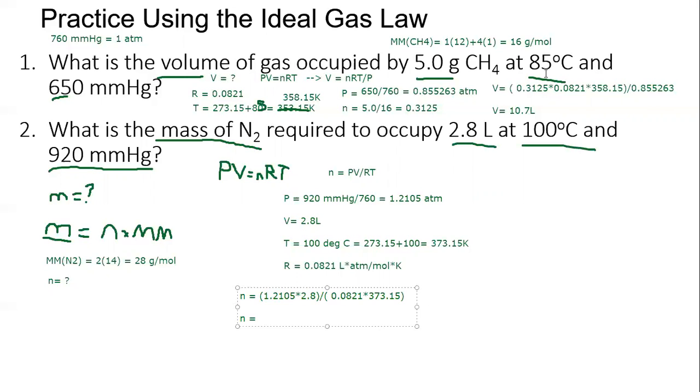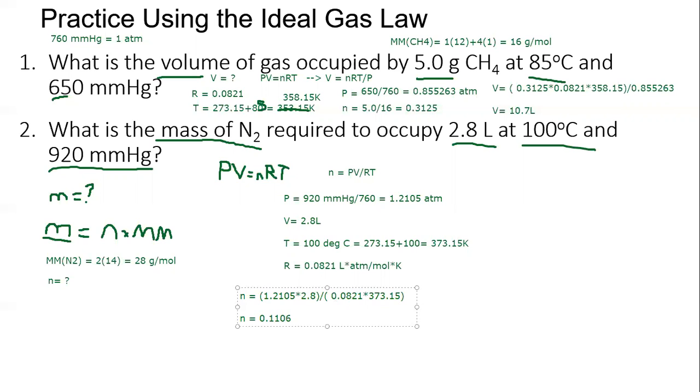So the 760 is what we use to convert millimeters of mercury to atmospheres. If you look up here in the top right hand corner, we see that 760 millimeters of mercury equals 1 atm. So we need to convert the millimeters of mercury to atm by dividing by 760. So anytime you use the ideal gas equation, you always have to be in atmospheres.